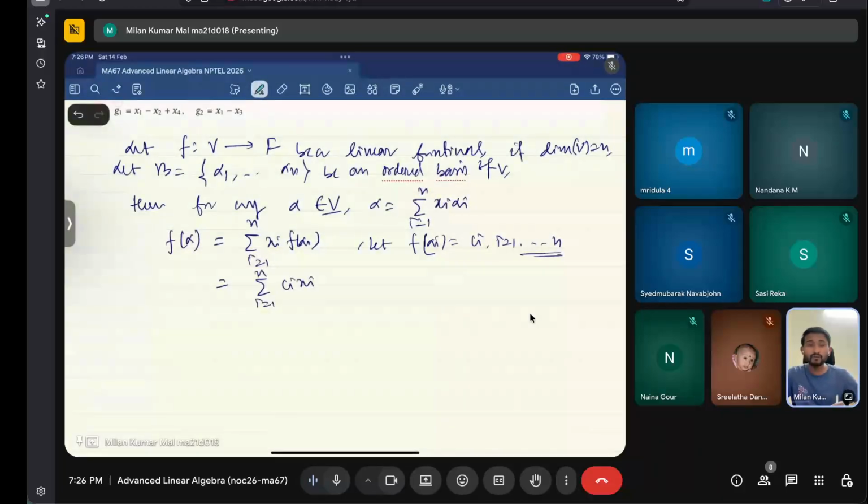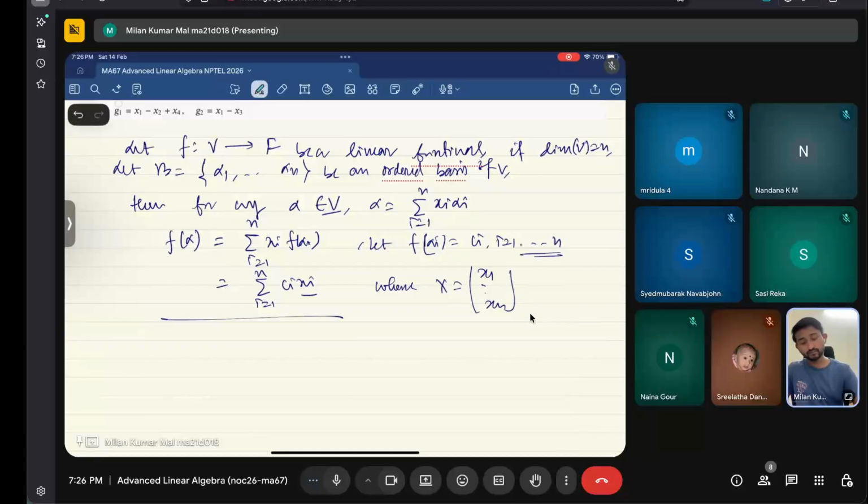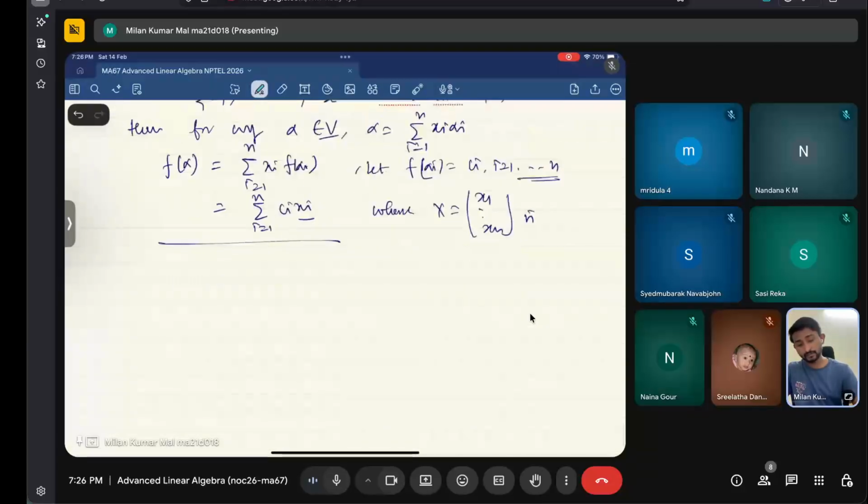What I have tried to explain is that any linear functional must look this way, where x is equal to x1 to xn, the coordinate vector of alpha with respect to some ordered basis.